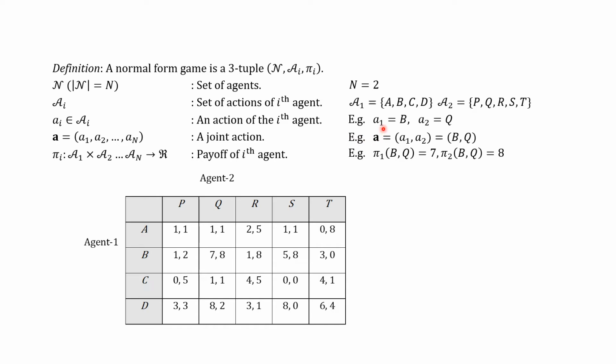One possible action for agent 1 is B, and one possible action for agent 2 is Q. So a joint action is BQ. What are the payoffs for this joint action BQ? Agent 1 is playing B and agent 2 is playing Q, so these are the payoffs. Payoff of agent 1 is 7 and payoff of agent 2 is 8.